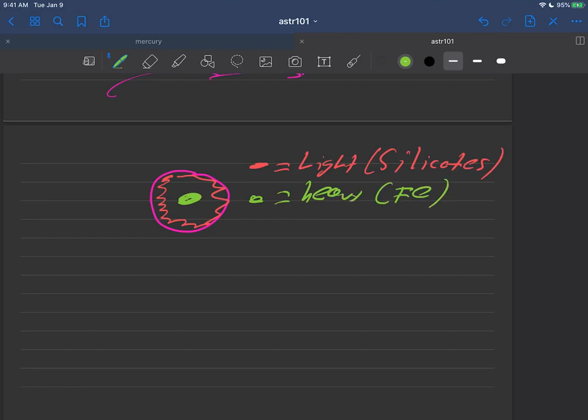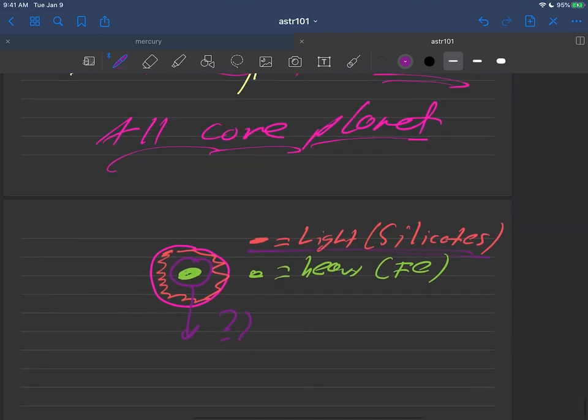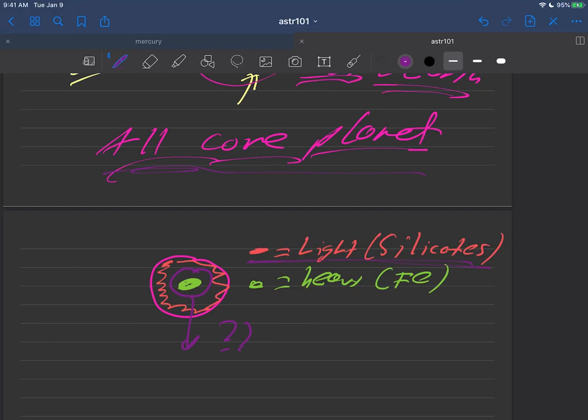That's probably what Mercury looked like at one point, but the density just doesn't match. The density seems to reflect just this part right here. So it's almost like Mercury is a planet that doesn't really have any light silicate crust. And that's why we call it an all-core planet. Let me show you what likely happened to Mercury.